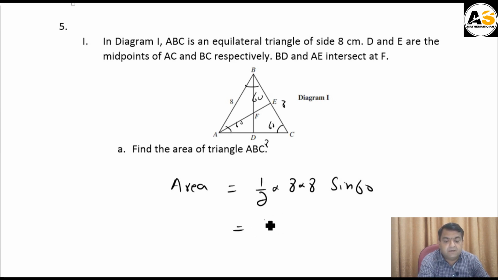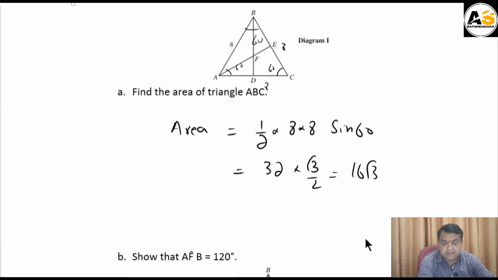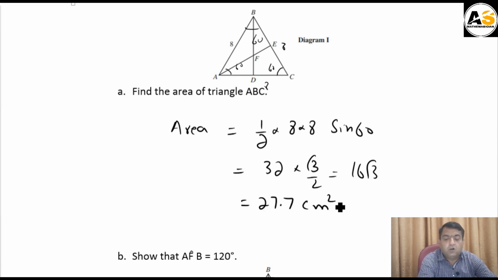This will be 32 into sine 60, which is root 3 by 2, so 16 root 3. And when I simplify it, I will get 27.7 centimeters square.